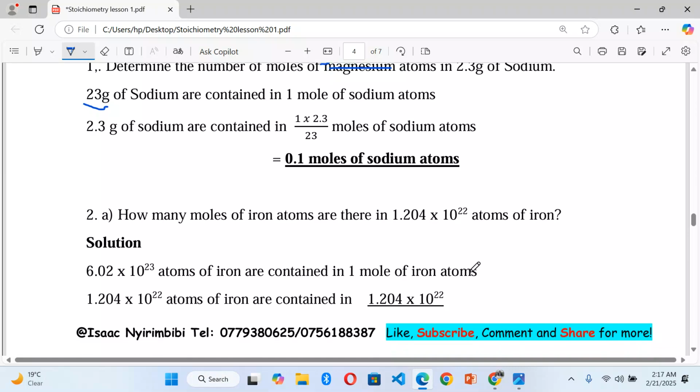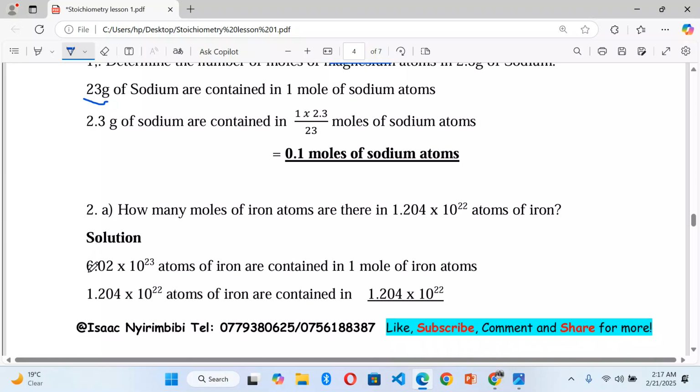We already know something, that from Avogadro's law, 6.02 times 10 to the power 23 particles, and particles can be atoms, molecules, or ions, and in this question, we are looking at the atoms. So these 6.02 times 10 to the power 23 atoms of iron are contained in 1 mole of iron atoms.